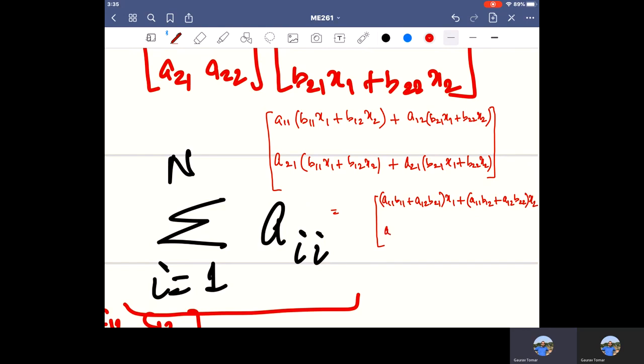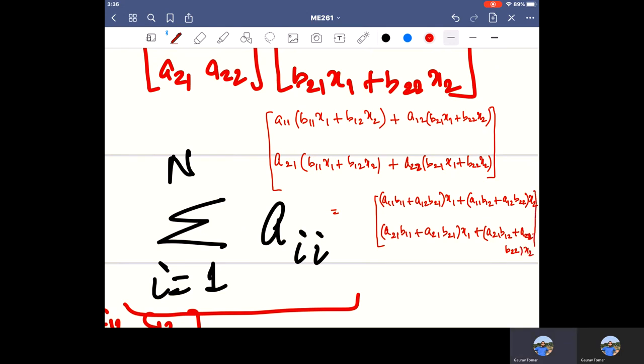The lower one you can write the same way: A21 B11 plus A22 B21 x1, plus A21 B12 plus A22 into B22 x2.